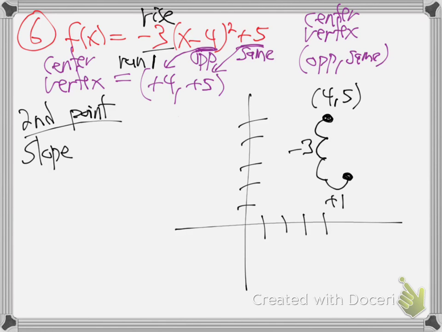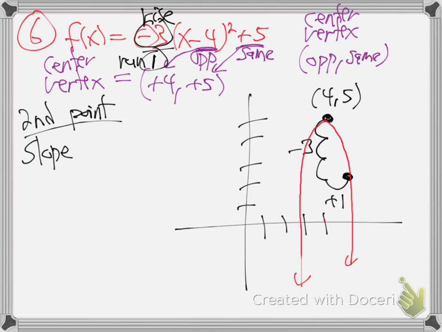You just take whatever number's in the front of the parentheses, make it a fraction by putting it over 1, and then treat it like a slope. Rise over run. Down 3 over 1. So now you know this parabola is going down, like that. It's going down because of the negative in the front. Rise is negative, and negative rise is down.